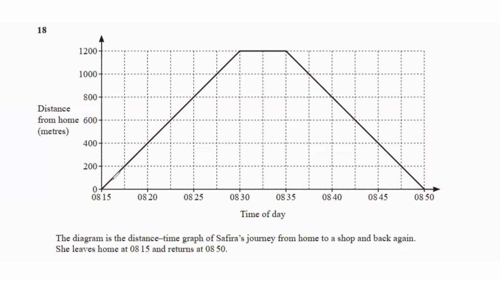So over here, this is when she's walking from home to the shop. So 1200 is the distance over here and 0 is the distance over here. If we find the speed, that's going to be 1200 minus 0 over 8:30 and 8:15 have the difference of 15 minutes. So 1200 divided by 15 is going to give us 80.